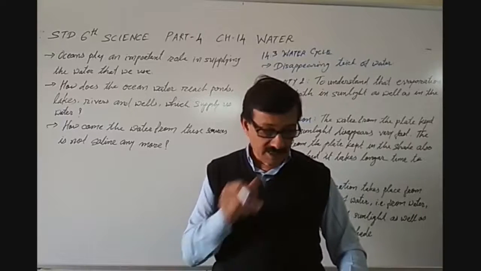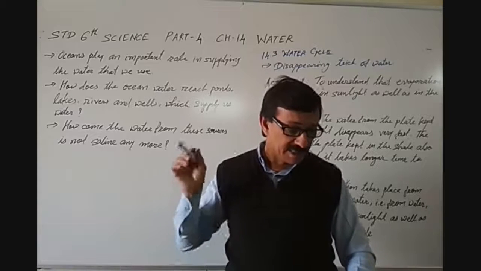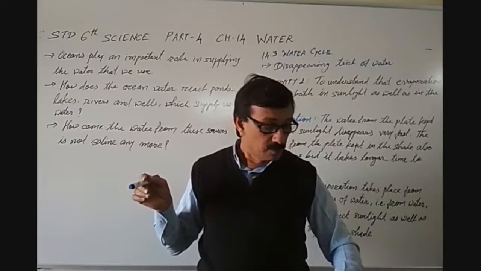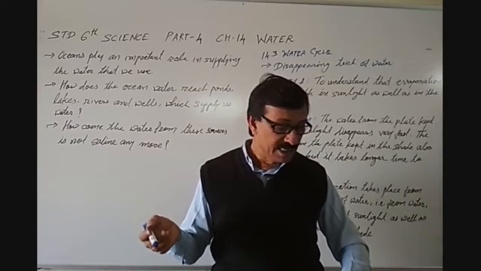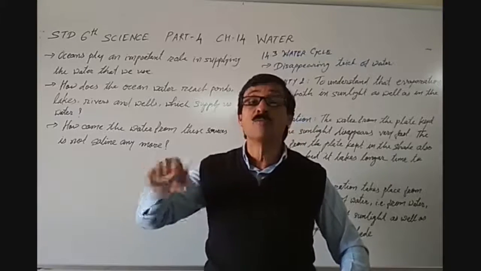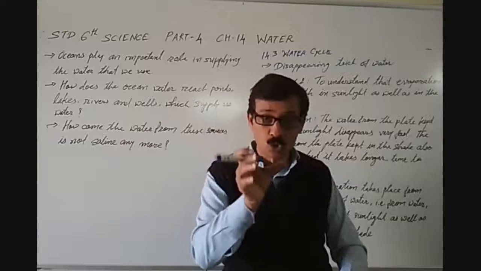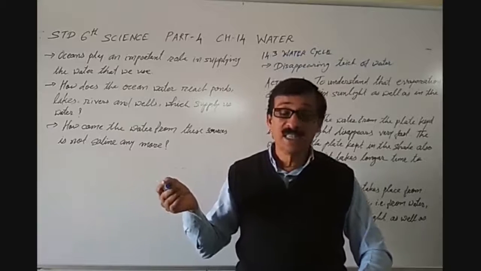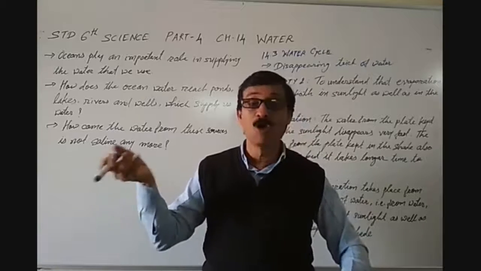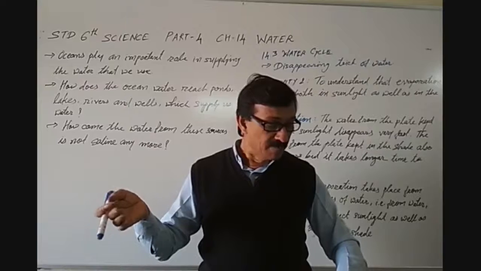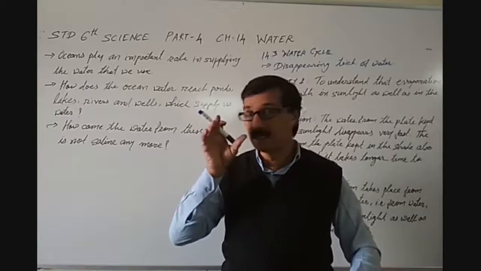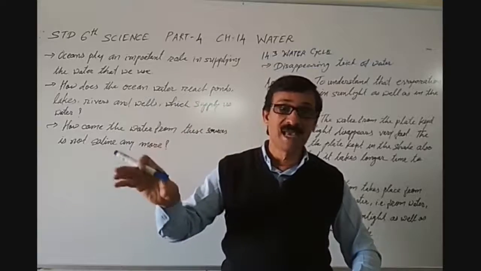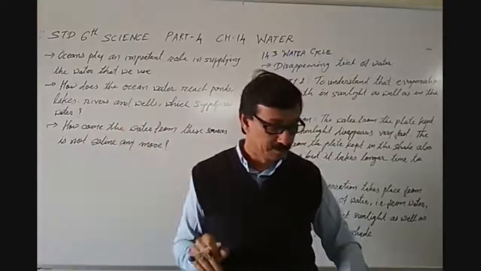That is what we discussed in that chapter: to obtain salt from sea water, the water is left in shallow pits to evaporate. When that salty water gets evaporated, the salt is left behind in the shallow pits.